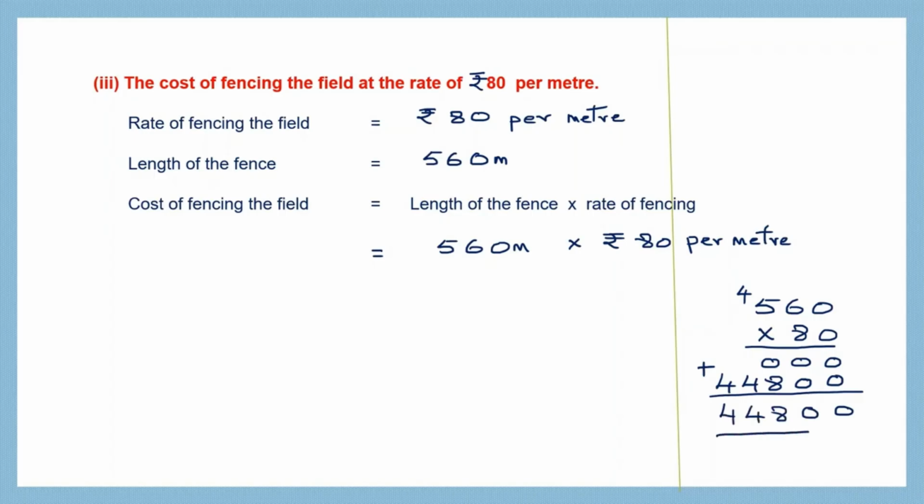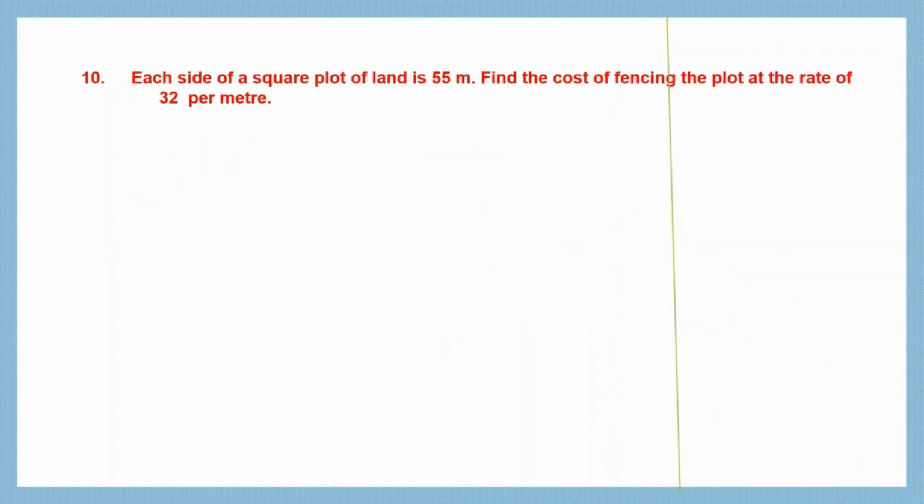So that is 44,800. So the cost of fencing the field is rupees. You need to write the unit. 44,800. So we have found the third part of the question. We found the answer to that, which is 44,800 rupees.